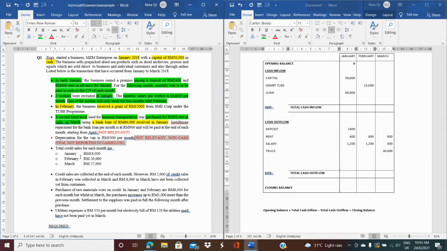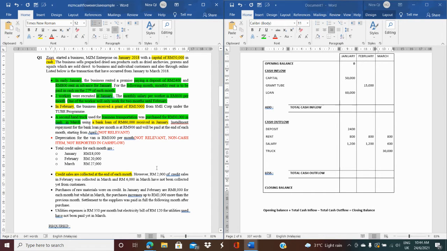So at the end of each month, customer will pay cash for the credit sales during that month. So when there's a collection, this is an inflow. So we have to color it yellow.